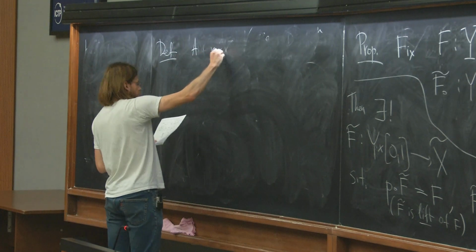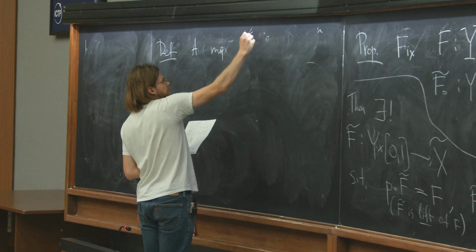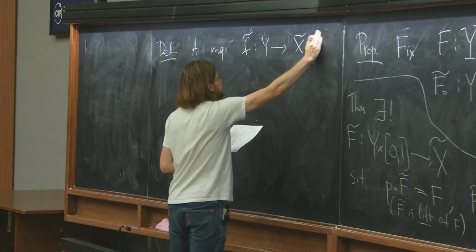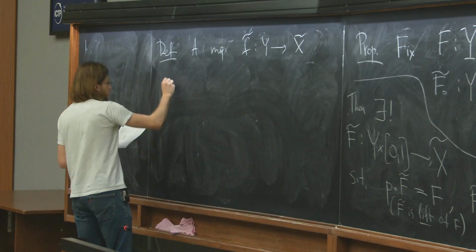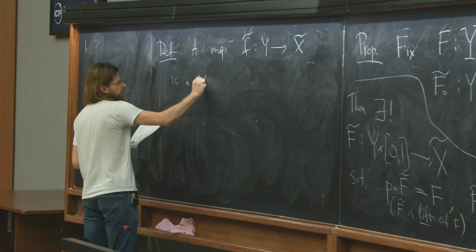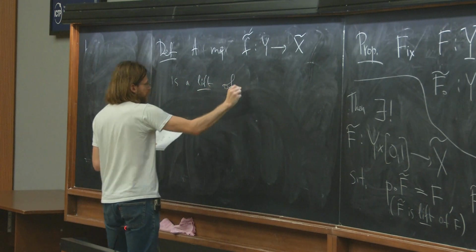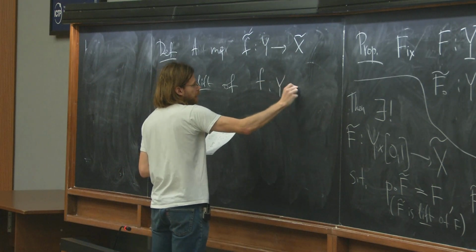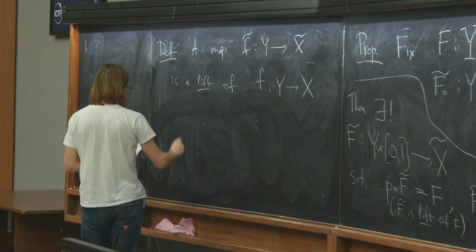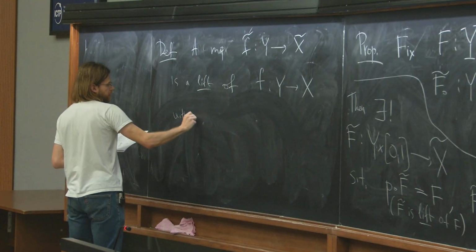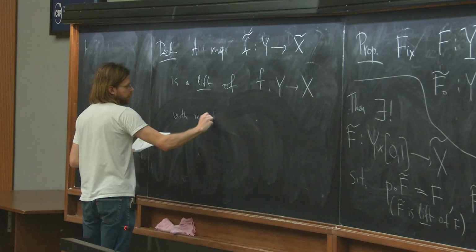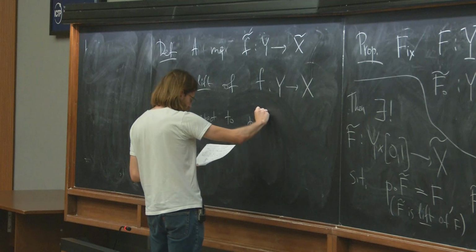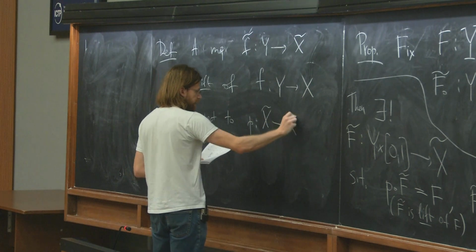A map F tilde from Y to X tilde is called a lift of a map F from Y to X with respect to a map P from X tilde to X.